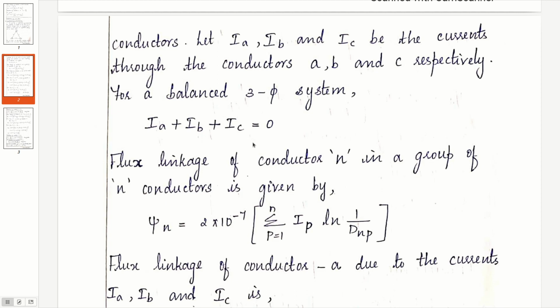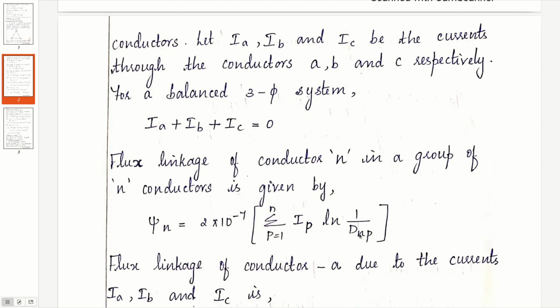In the previous class, we have already derived the flux linkage of any conductor in a group of n conductors. That general expression we obtained as psi n is equal to 2 into 10 to the power minus 7 summation p equals 1 to n, ip into ln 1 by dnp.